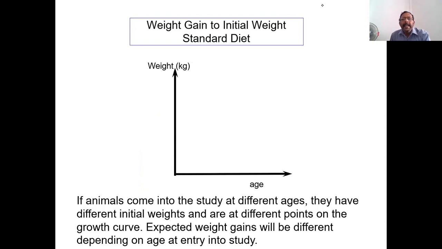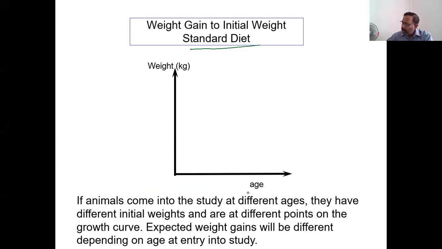Right, weight gain to initial weight on a standard diet. In a standard diet, what is normally happening with the age? What do you think? For the explanation, we are talking about age versus weight.